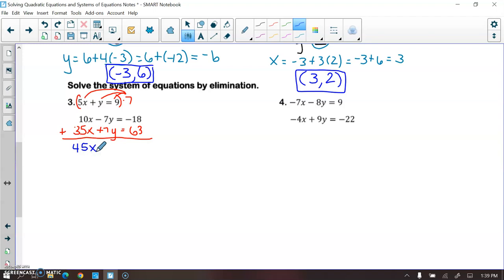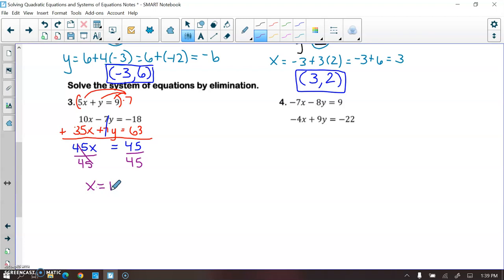Negative 7y plus 7y eliminates, and that would equal negative 18 plus 63, which is 45. Now in this equation I just have one variable, and I can solve for it by dividing by 45 on both sides, and I find that x is 1.